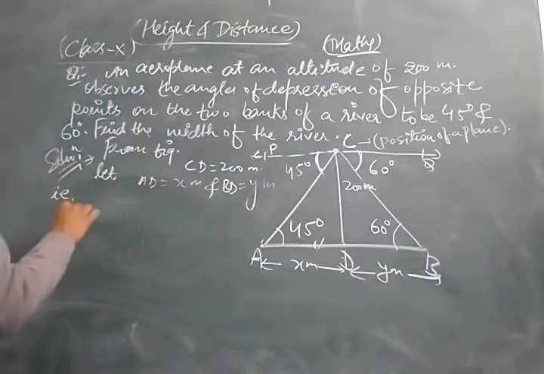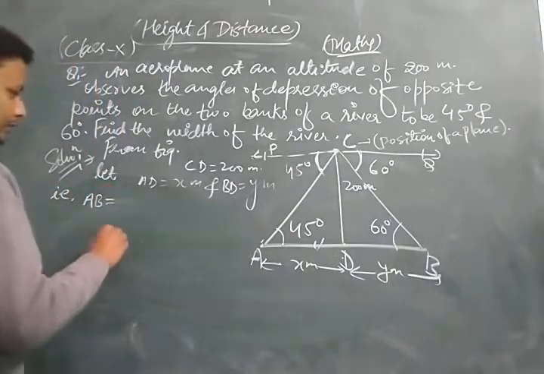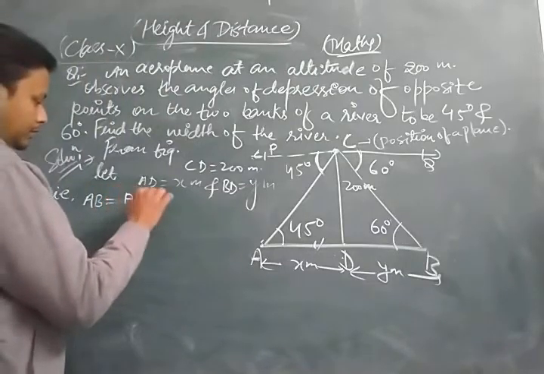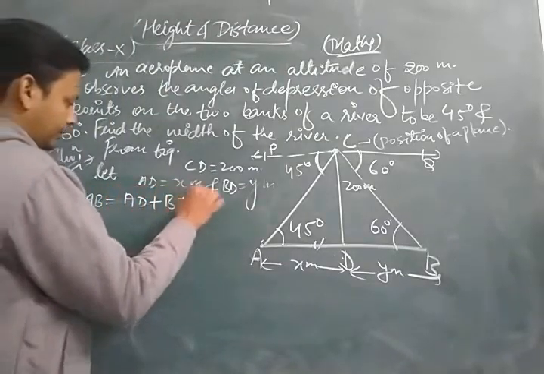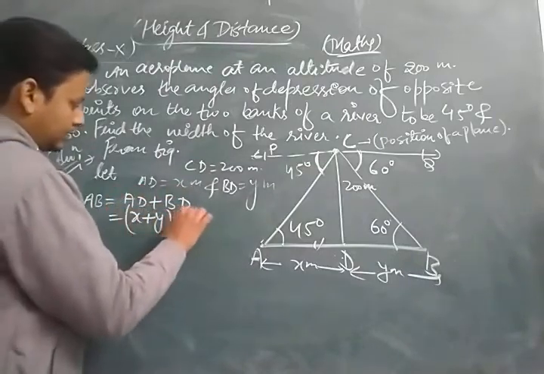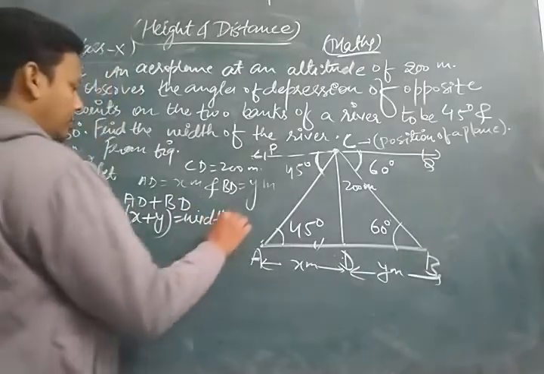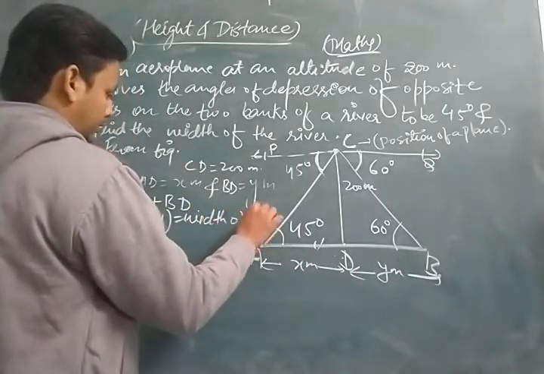This implies that AB, that is the width of the river, is equal to AD plus BD, which is x plus y. This is the width of the river.